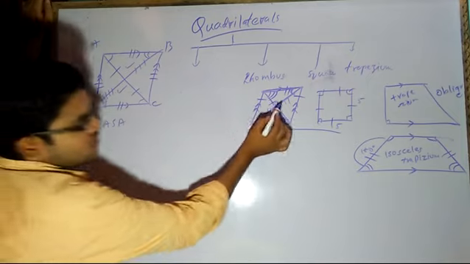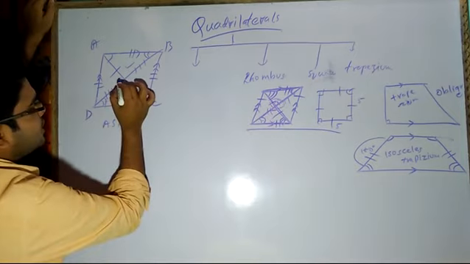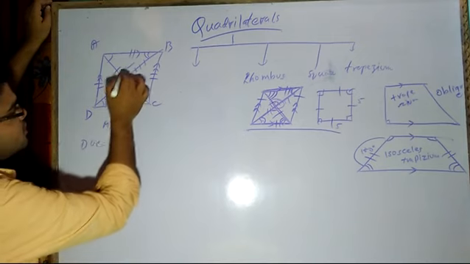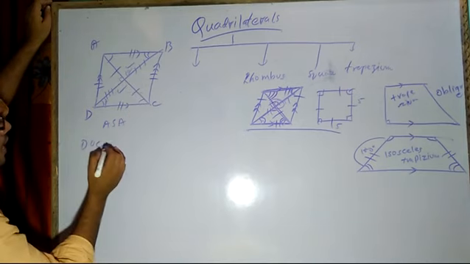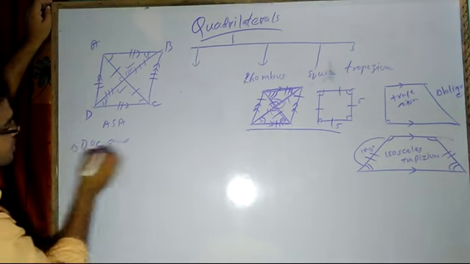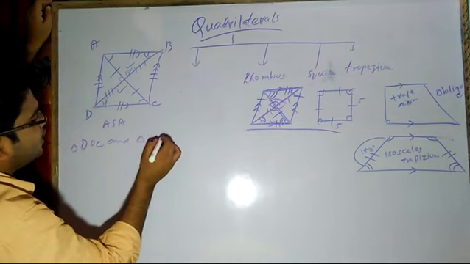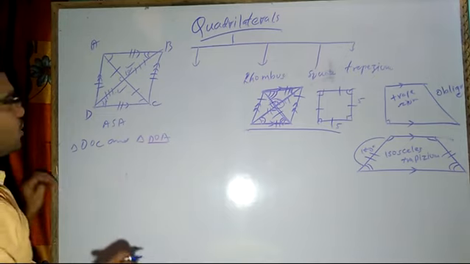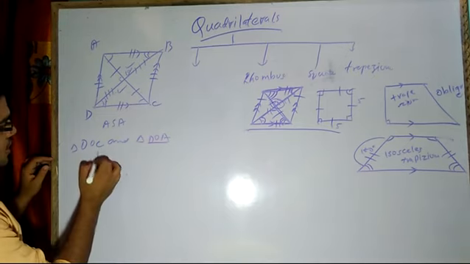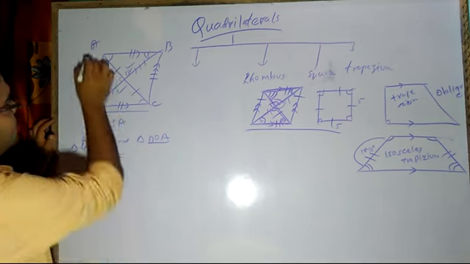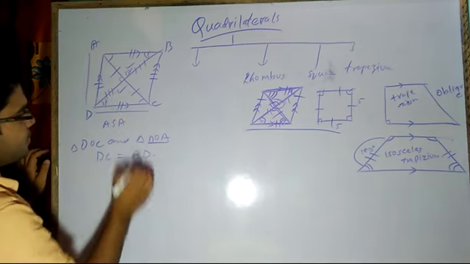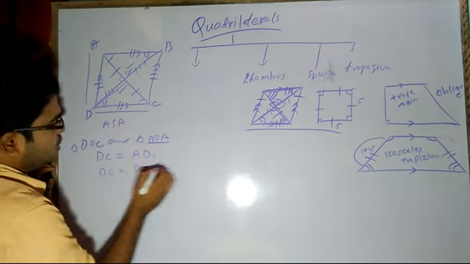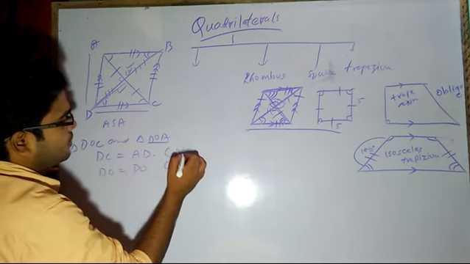Now the second part I was saying about 90 degree. This part is 90 degree. How to prove? Now let us take triangle DOC and triangle DOA. These two triangles I took. Now as you can see, BC is equal to AD, correct? DO is equal to DO, common. This is given.